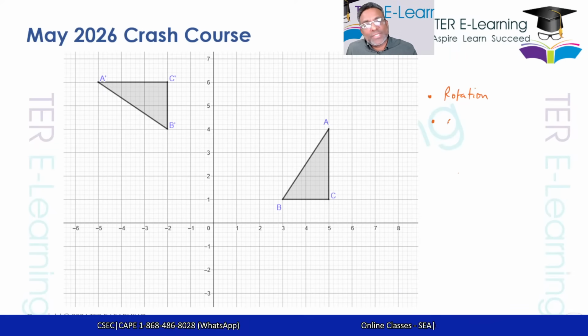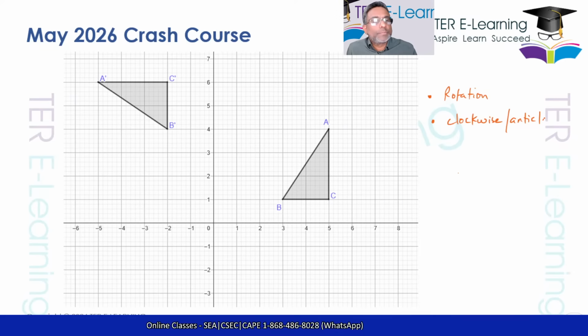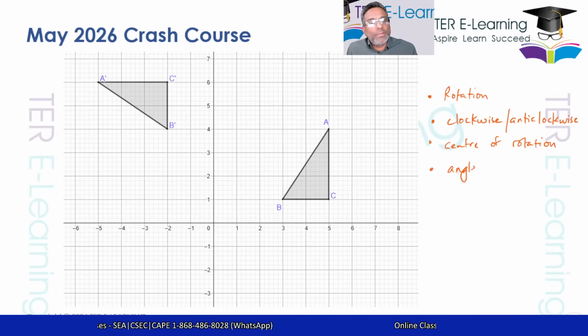We have to see if it is clockwise or anti-clockwise. We have to see what is the center of rotation. And we also have to specify what is the angle.